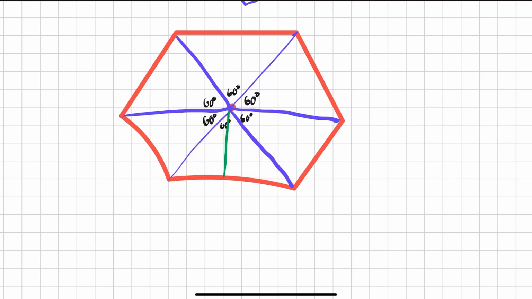Right, and so I need some information about that apothem there. Maybe I say that the apothem is worth 10, and maybe someone throws a variable at me, and they say that the side length right here is worth x.